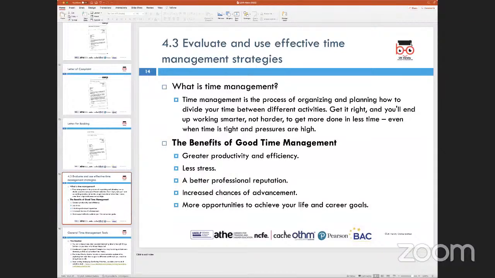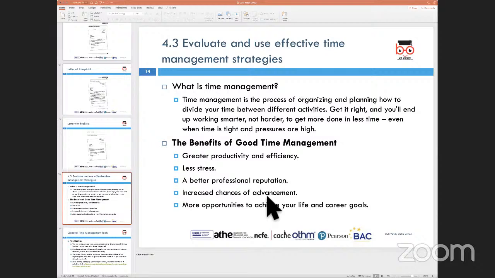So when we talk about these skills, we need to divide our time in a way wherein we are able to prioritize according to what is important and what is urgent.